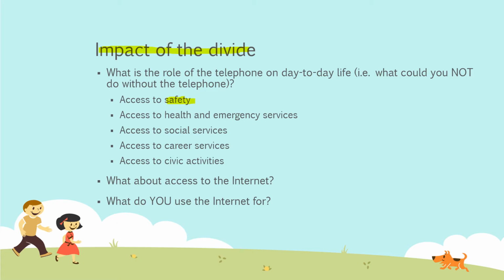Another thing is about health and of course emergency services. Similar to safety, the health information is also similar. The way that you receive information is different, and some of it may not be fact-checked.